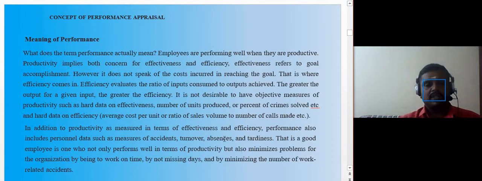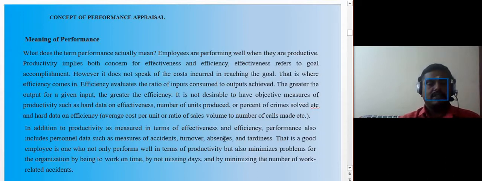However, it doesn't speak of the cost incurred in reaching that goal. That is where efficiency comes in. Efficiency evaluates the ratio of inputs consumed to outputs achieved. The greater the output for a given input, the greater the efficiency.